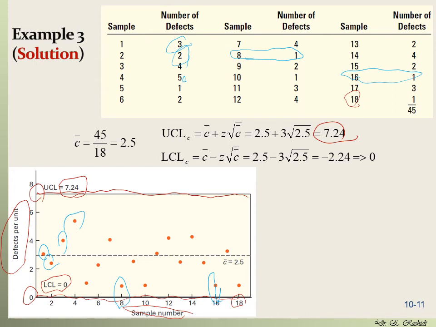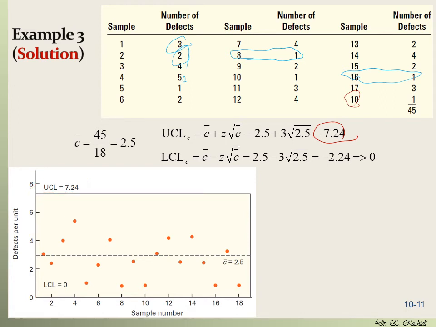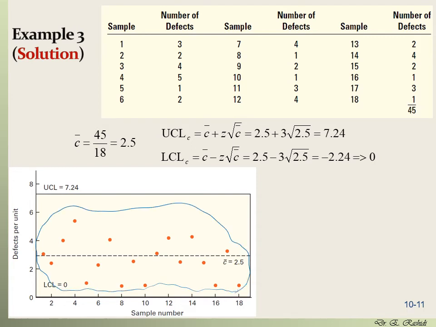As you see here, we can plot all of these defects for all the samples on this chart, and then we can test whether this is in control or not. Since none of these data points are outside the control limits, all of them are within the lower limit and upper limit, we say that the process is in control. So it's going to pass our test, and we're going to conclude that the process is in control.